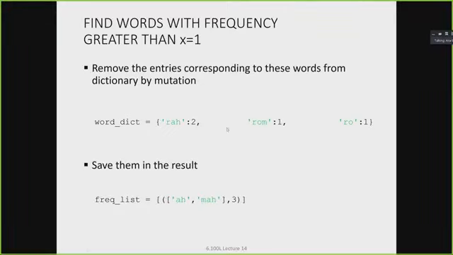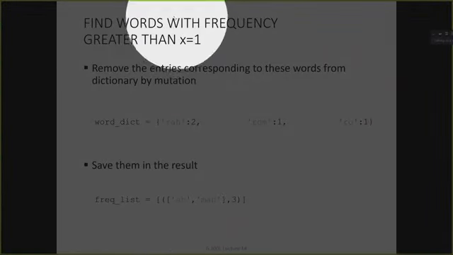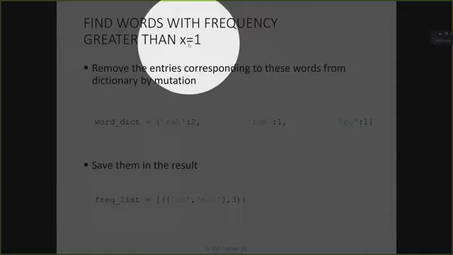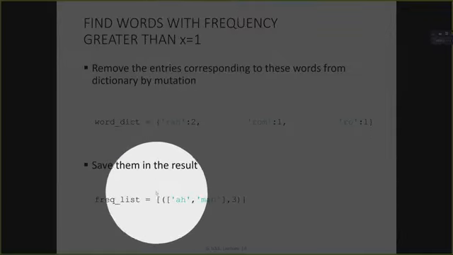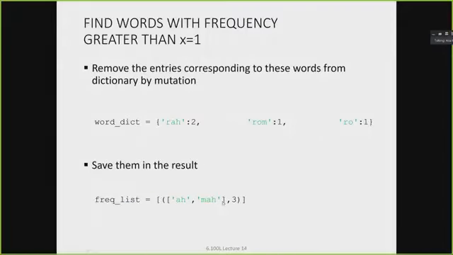So I'm maintaining this frequency list, which will contain all the words that occur at least, I guess I said greater than 1 time, so at least 2 times. So I'm going to grab the ones that occur 3 and 2 times. Right now, I had just grabbed the words that occur 3 times. I've removed them from my dictionary. So I've actually mutated my dictionary to remove those words.